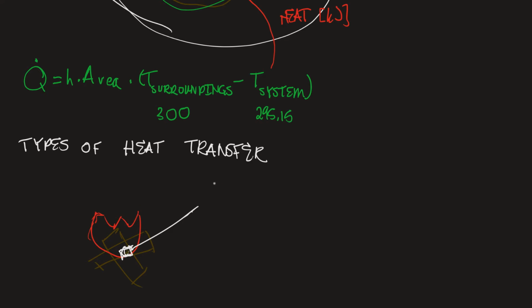If we have our hand on this metal bar, so just draw a little box for a hand, along with a little thumb, the heat transfer through this metal bar is called conduction.